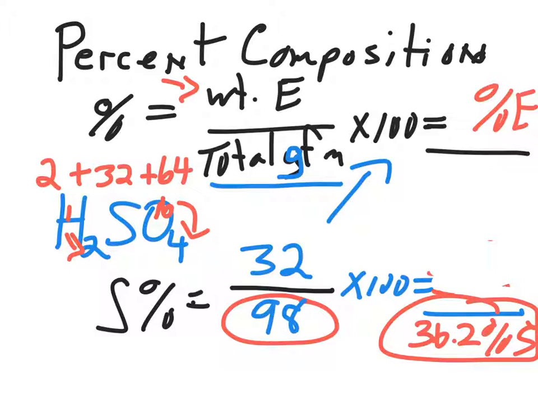Guys, use your calculator. Don't use your phone calculator, use the regular calculator. Is this 36.02? No, it's 32.6. Okay, so let's go ahead. 97.9.